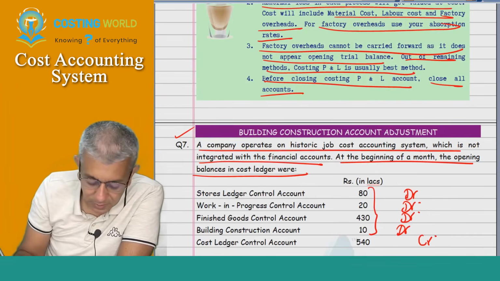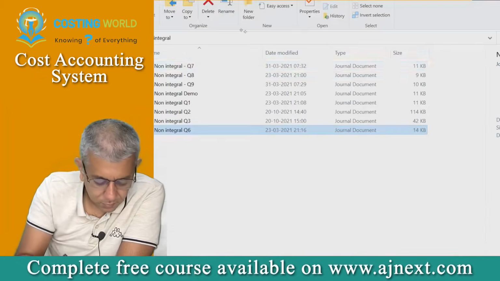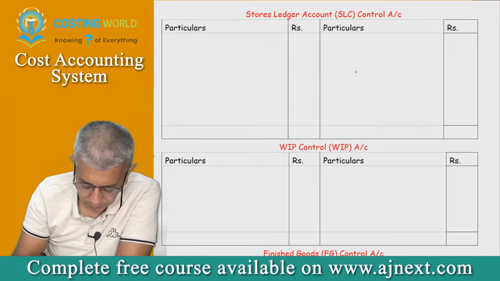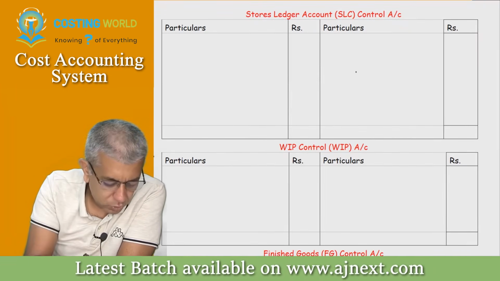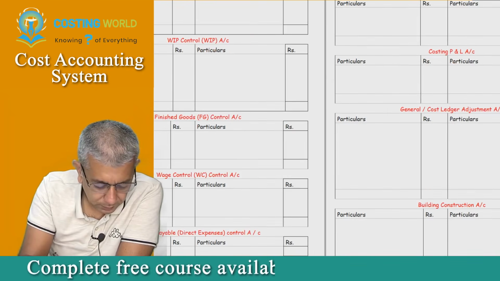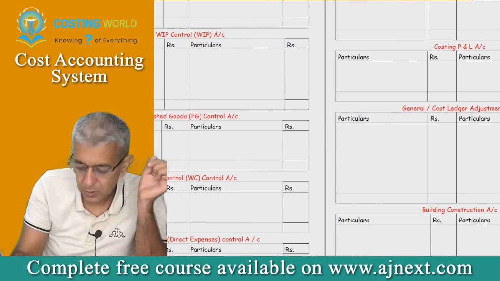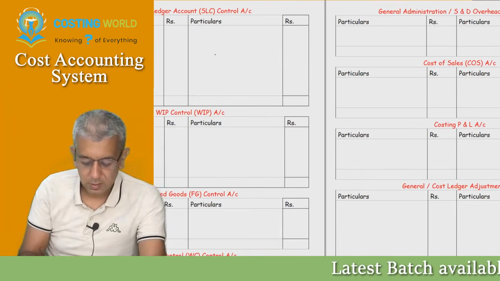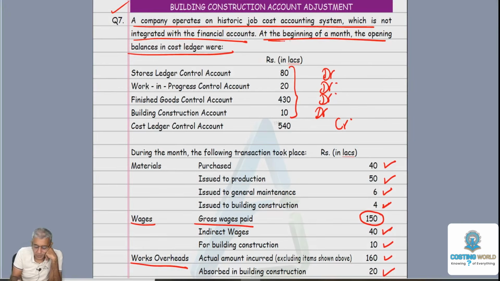Okay, so let's start. This is question number 7. Open your formats. Let's start. At the beginning of the month, the opening balances. We don't know which month, so we'll directly start with the balances.